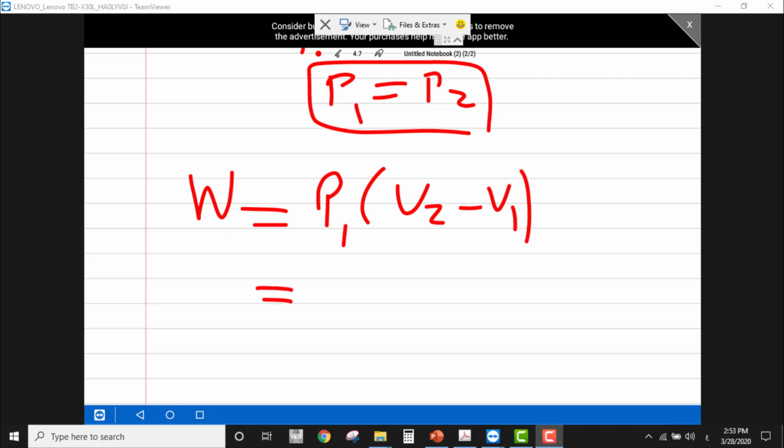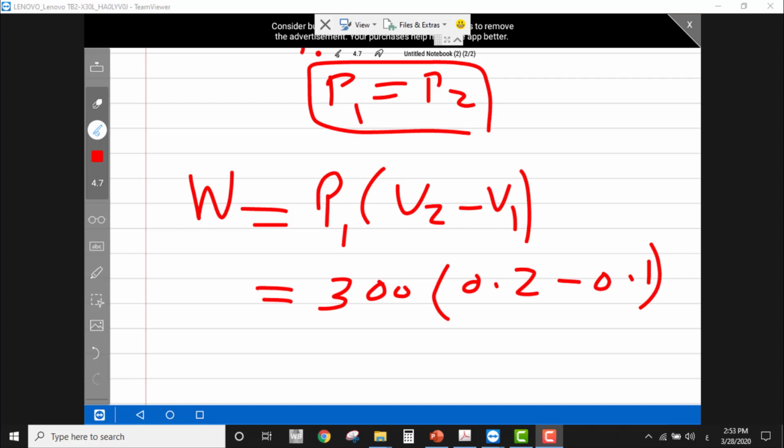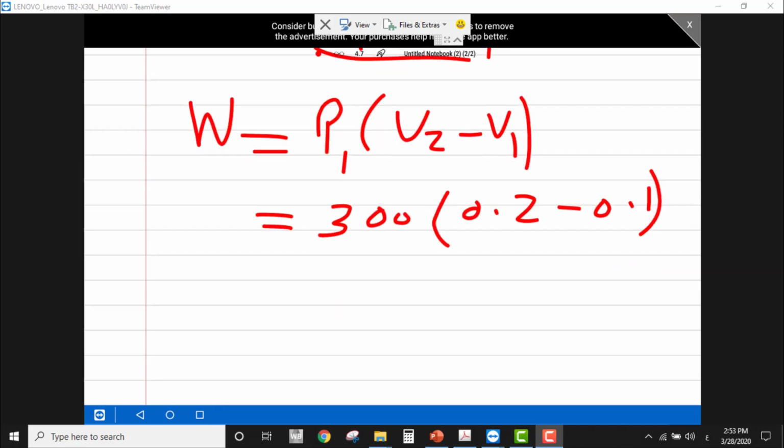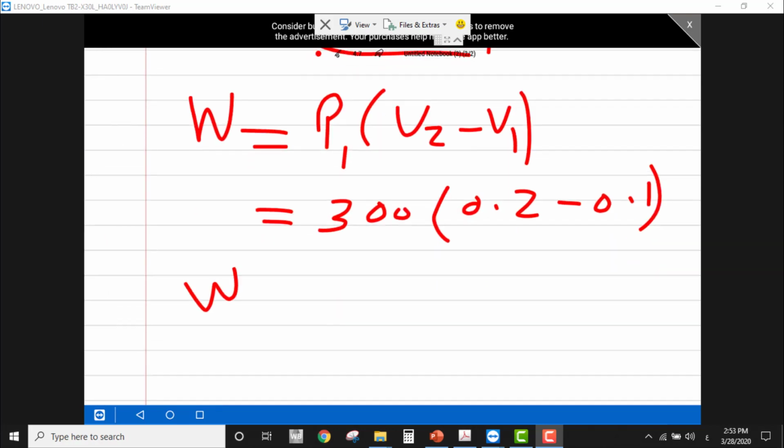No need to go and find P2, so this is time consuming. So instead of P, this is 300 multiplied by 0.2 minus 0.1, and from here work equal directly to 30 kilojoule.